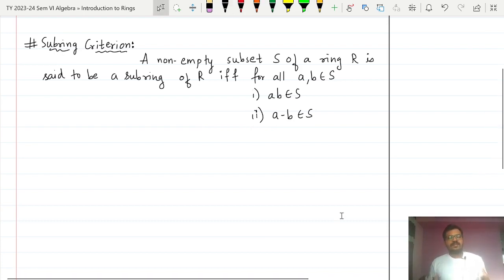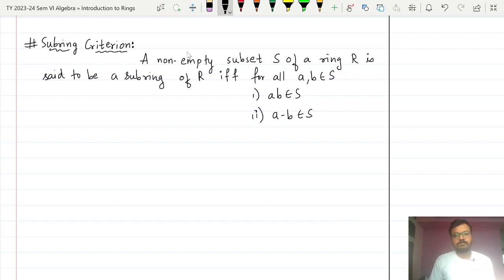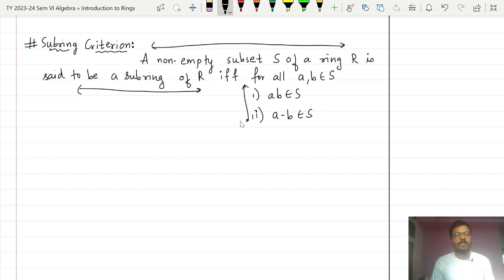Now what is this subring criteria saying? Let us try to understand. A non-empty subset S of a ring R, this is the assumption that we are making, and there are two parts, if and only if. It is a subring of R if and only if these two conditions are satisfied.